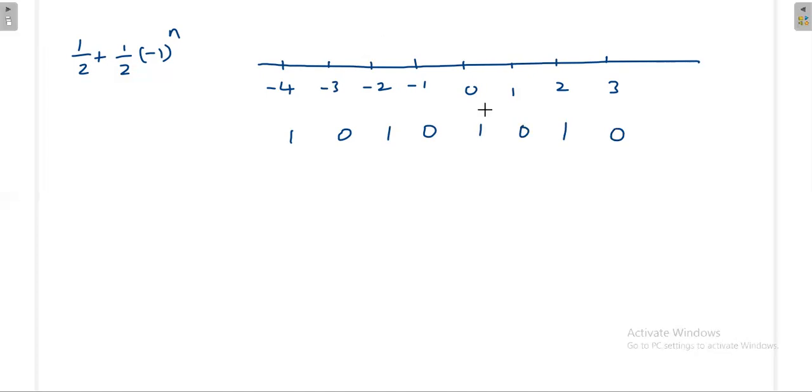So originally we are having signal x of n. With that signal x of n, for this sample we are multiplying with 1, for this sample we are multiplying with 0. So finally from the original signal, we will have samples only at minus 4, minus 2, 0, 2, like that. The remaining sample values are 0.